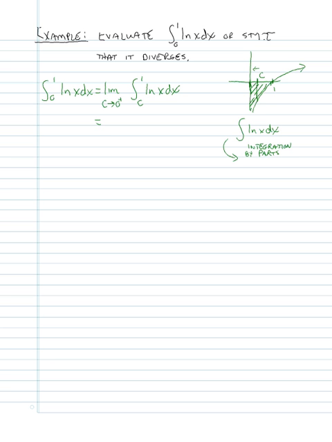When we do that integration by parts, we get x times the natural log of x minus x. So we have the limit as c approaches 0 from the right-hand side. The indefinite integral is x times natural log of x minus x, and we're evaluating from c to 1. After we do our evaluation, then we'll worry about our limit.